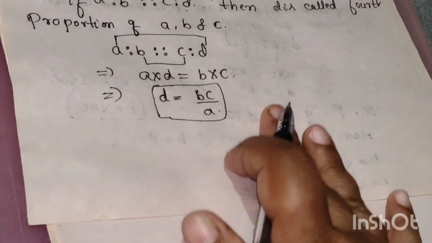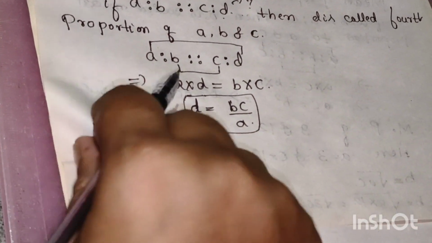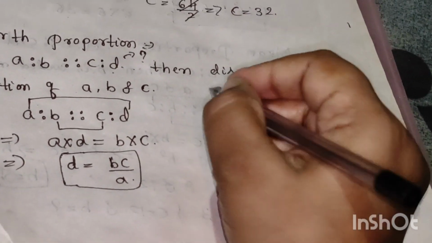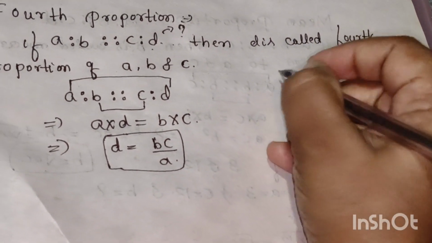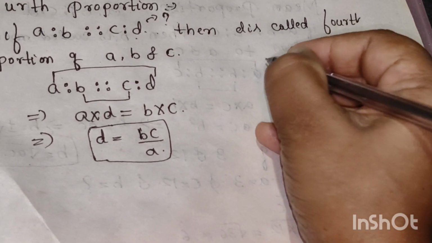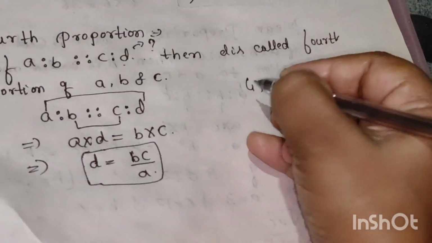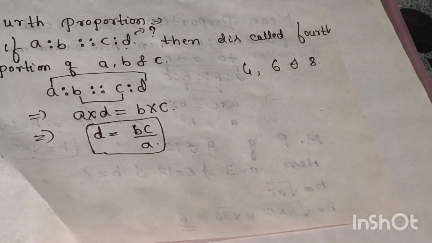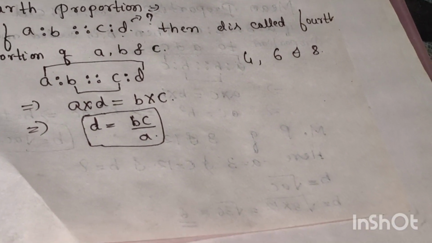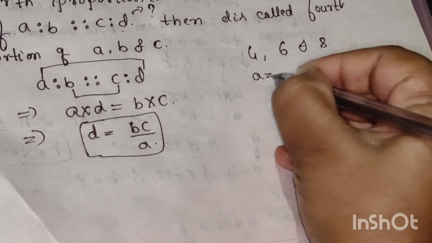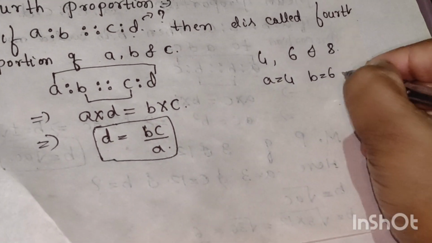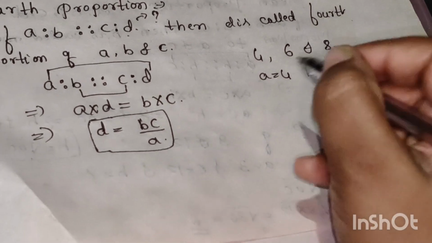There is one example. Find the fourth proportion of 4, 6 and 8. Here A is equal to 4, B is equal to 6, C is equal to 8.